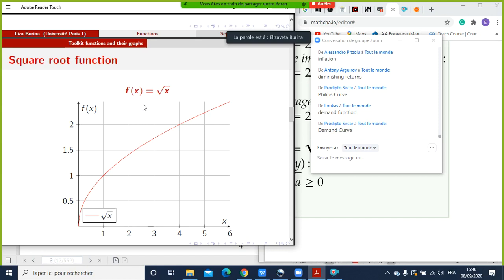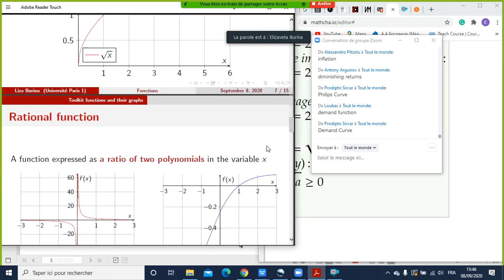A square root will always be in the positive quadrant, and the shape will always be like that. So for now, just picture that if you have the square root of x, or x to the power of 1 over 2, this is the picture.